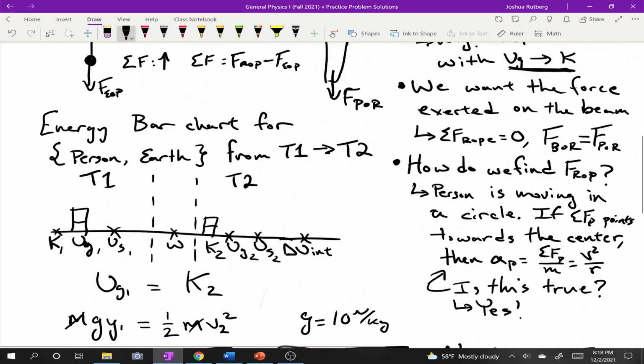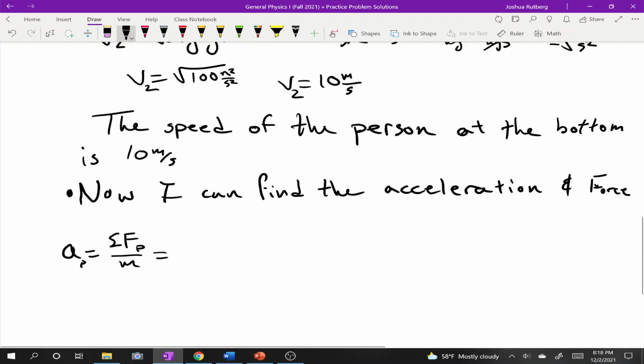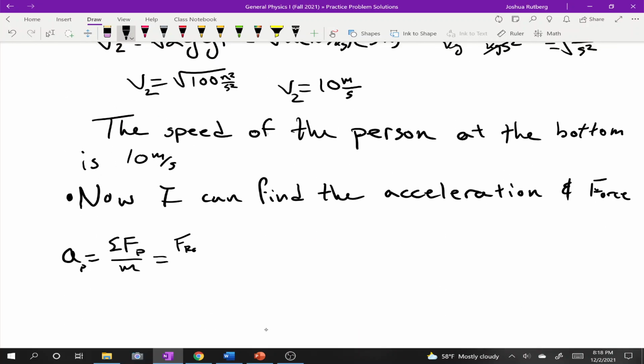The sum of the forces, all the way back up from my force diagram, is the force the rope exerts on the person minus the force Earth exerts on the person, divided by the mass, is equal to, and because it's a circle, v squared at time 2 over r. So this is because we're moving in a circle.